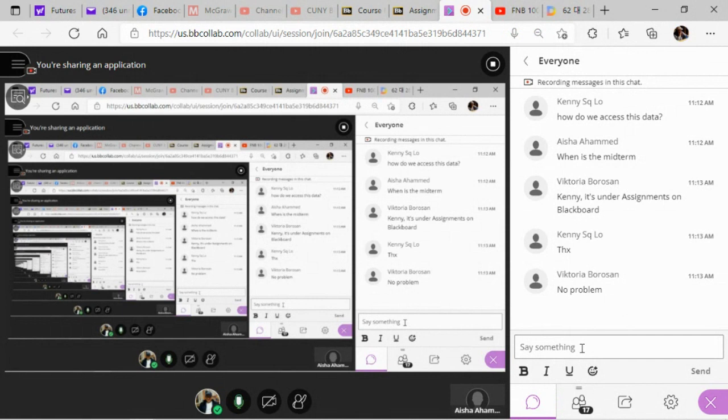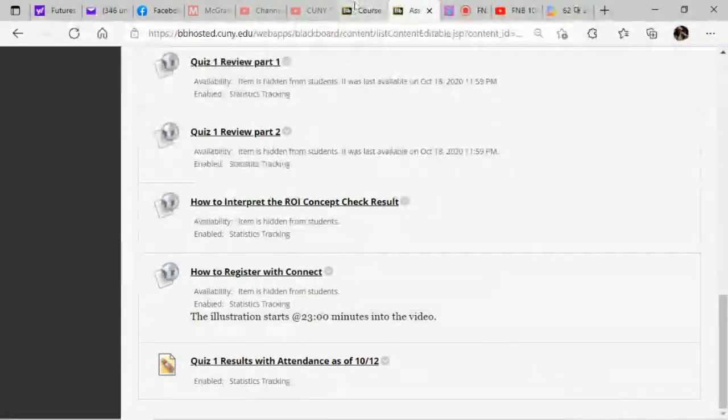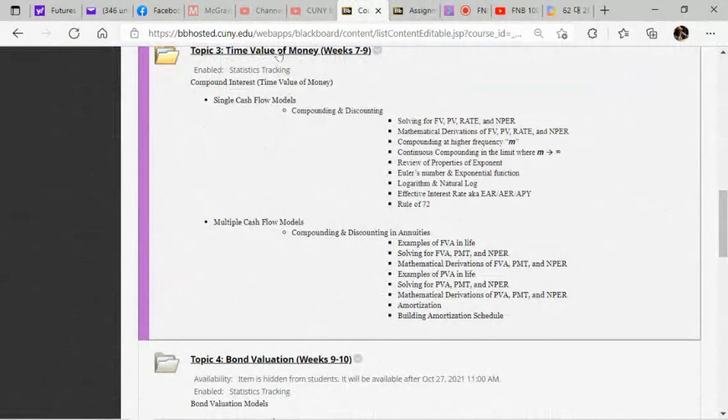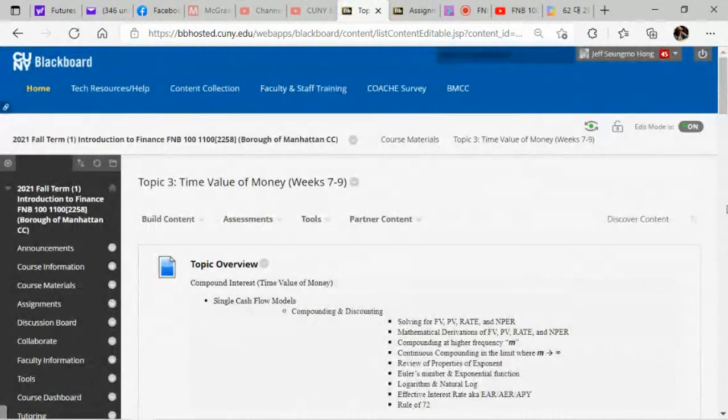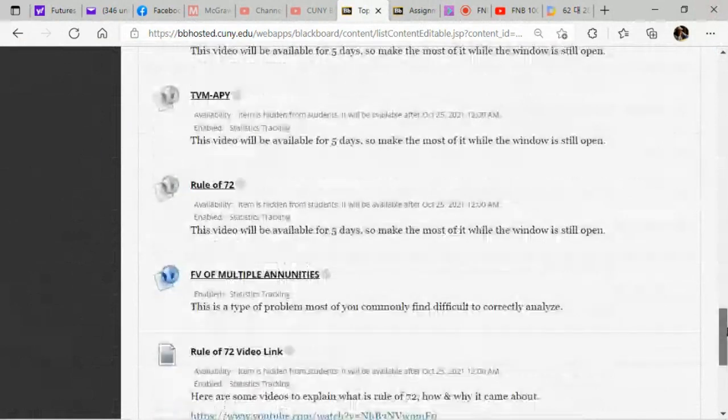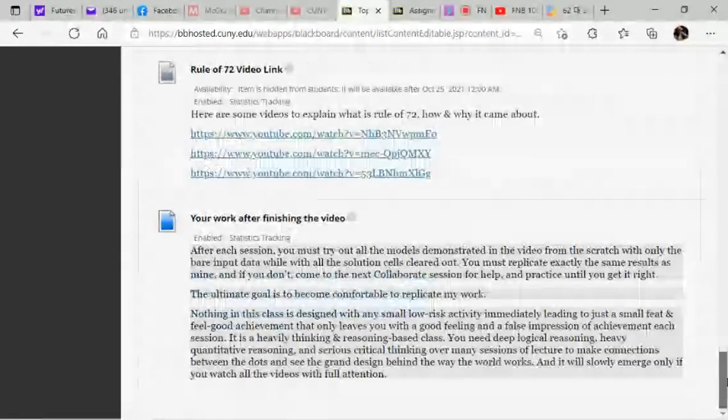Someone was saying something. Yeah, I just wanted to ask, when is the midterm? There's no way I can pinpoint the exact date, but the midterm will be after we finish topic 3. We are already into topic 3, and we go by the main lecture.